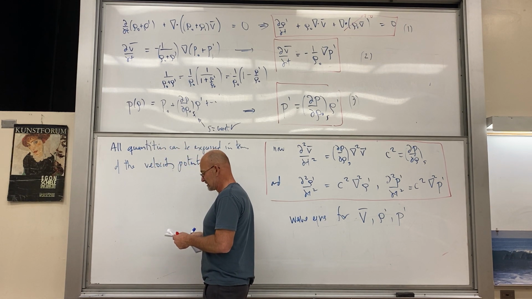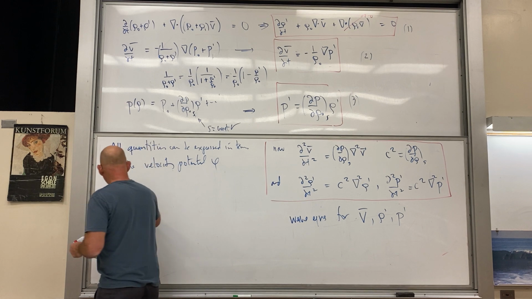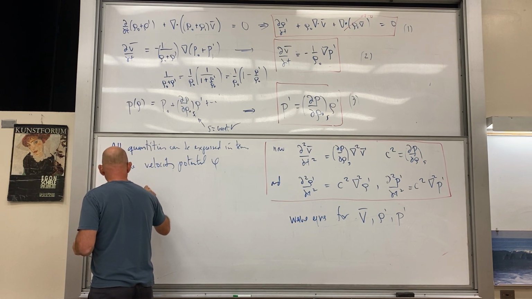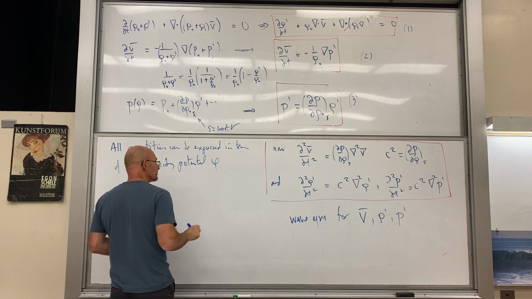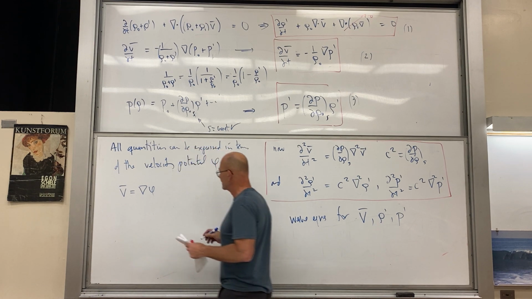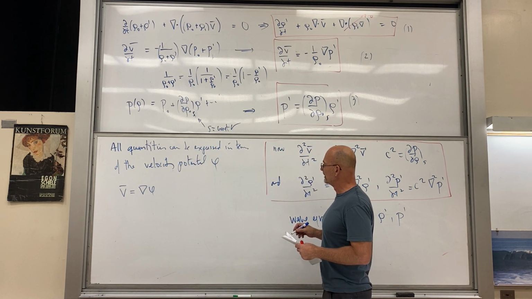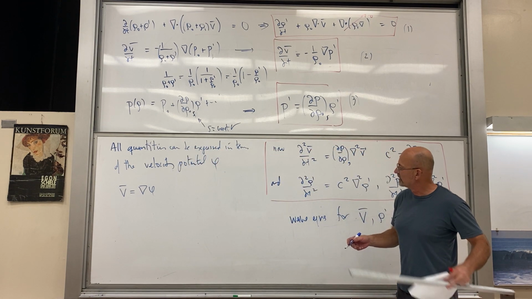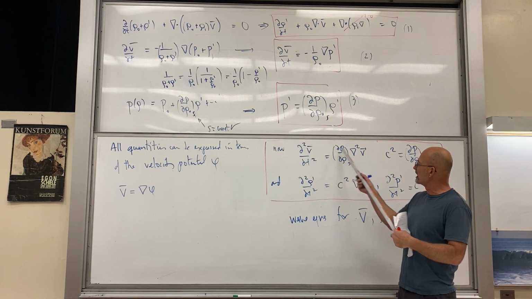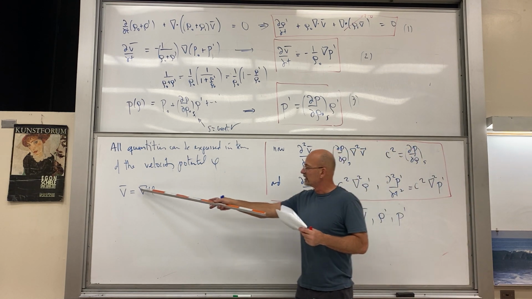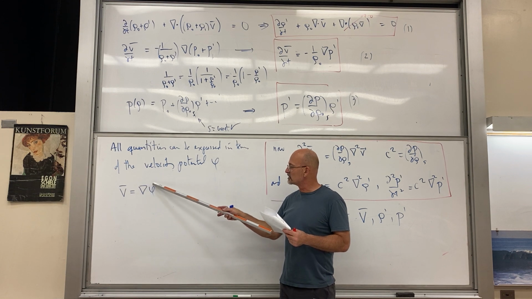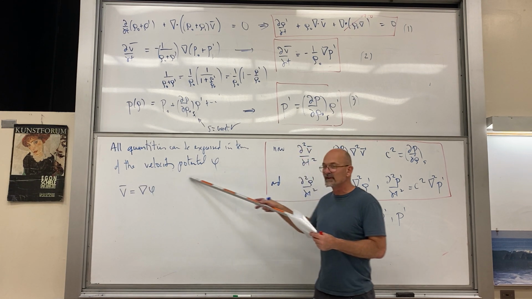Phi. So we have v is equal to the gradient of phi. And it's basically trivial. If you have the wave equation being satisfied here, you're going to have it satisfied here. Just differentiate, pull the gradient in front of everything.